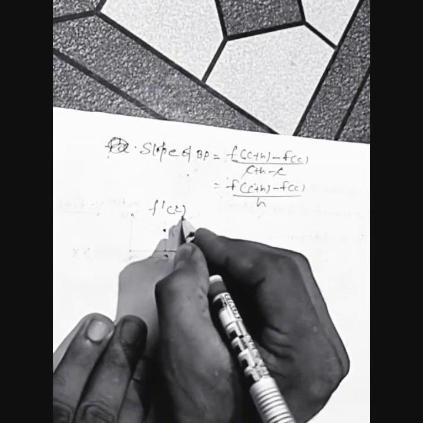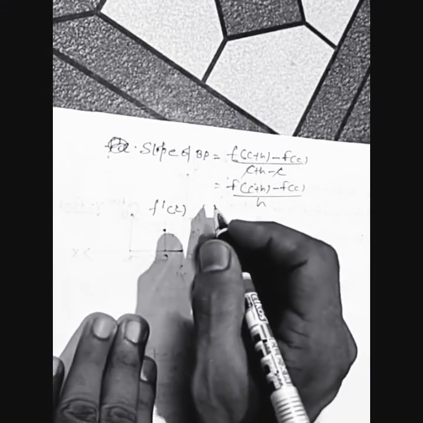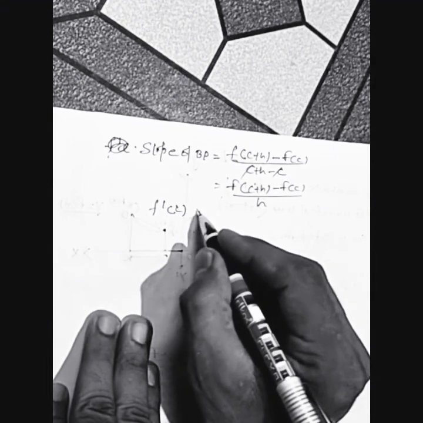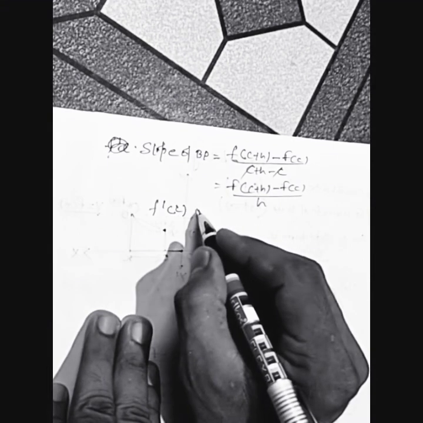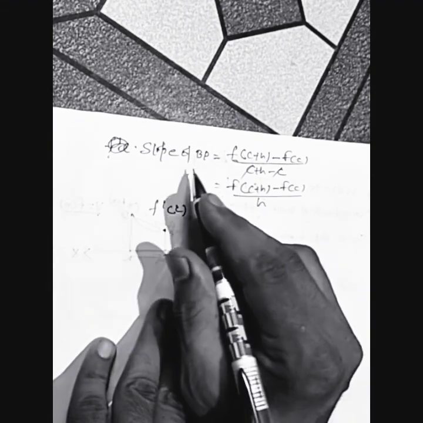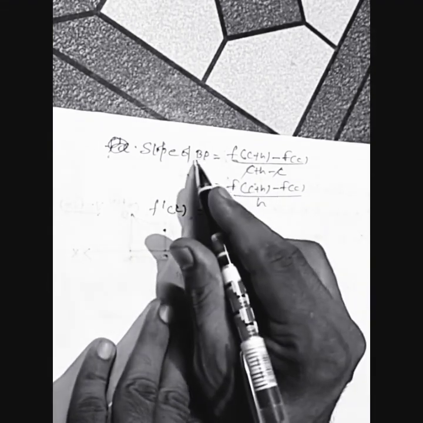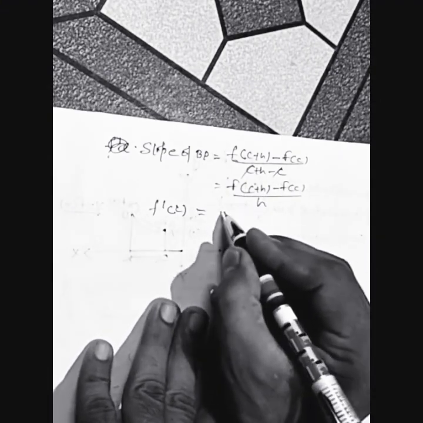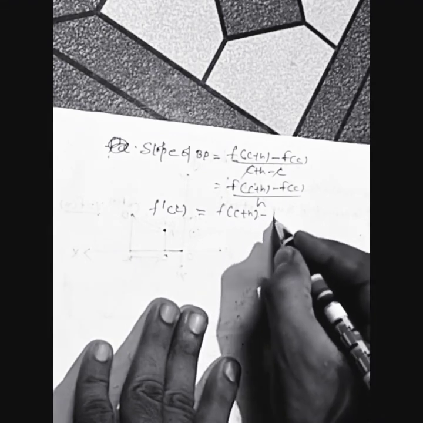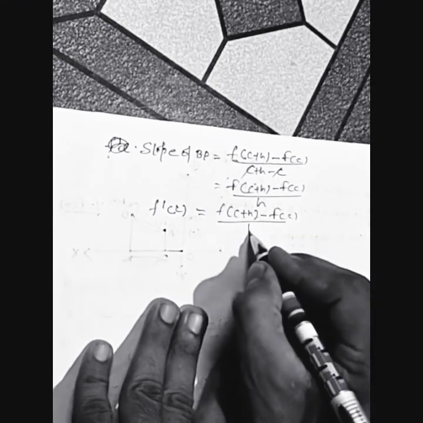I have told you, because you can draw a tangent at the point C when C plus H tends to the point C. So slope of the tangent will be slope of the line. So this can be written as f of c plus h minus f of c divided by h.